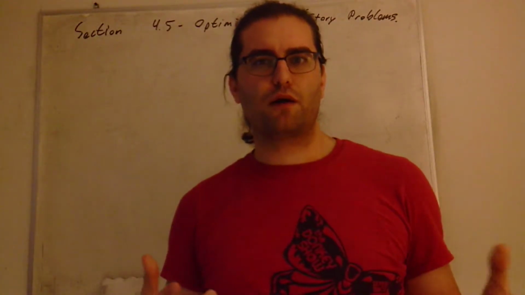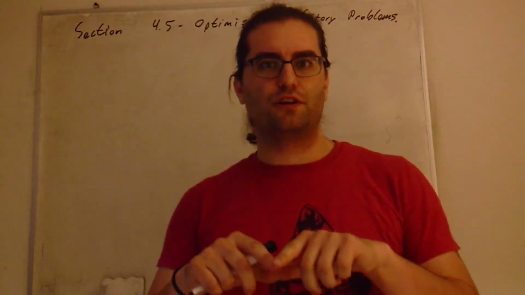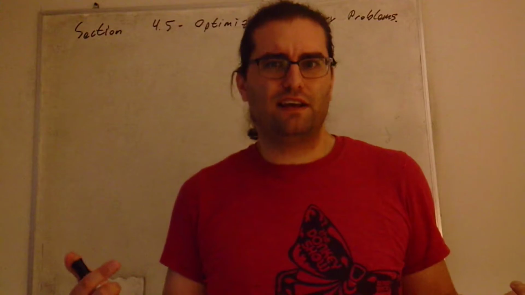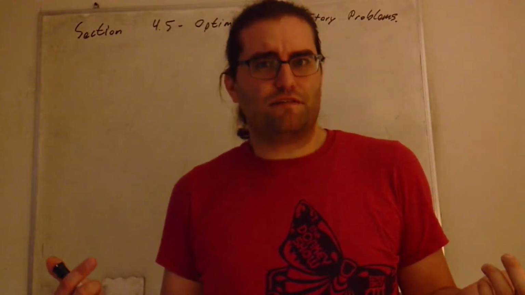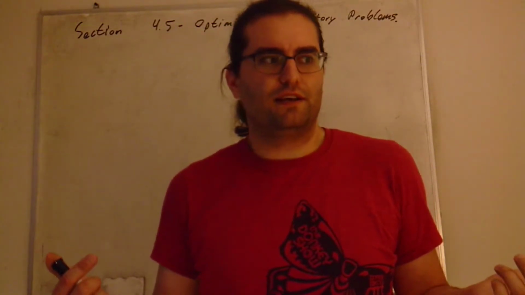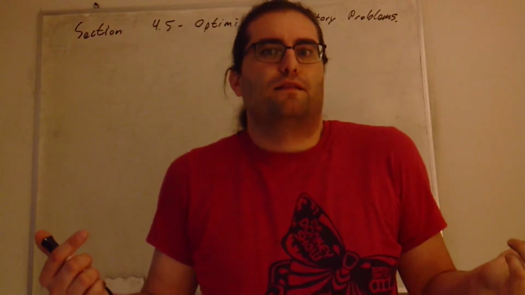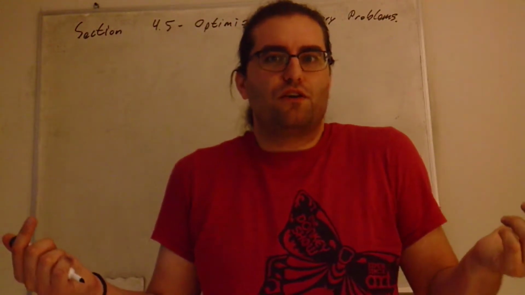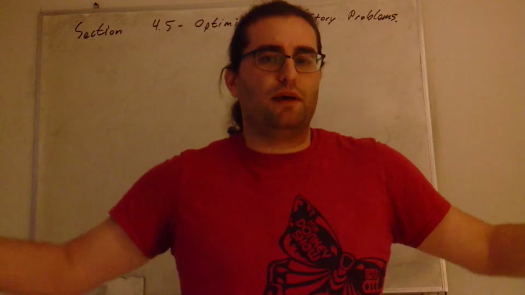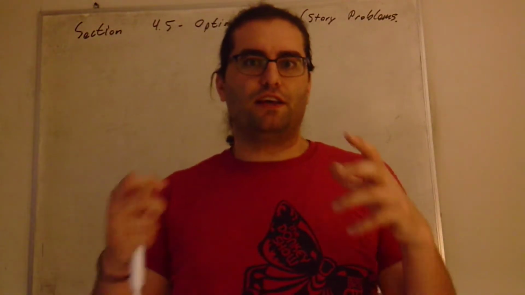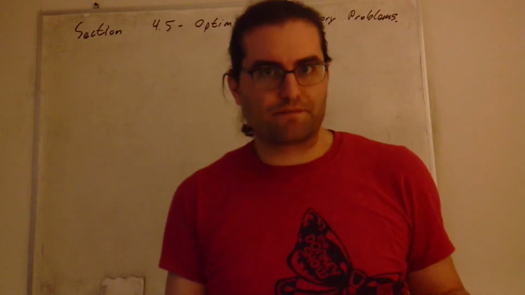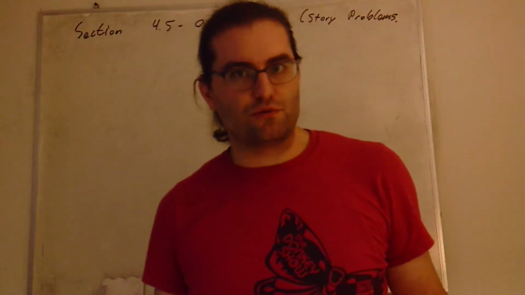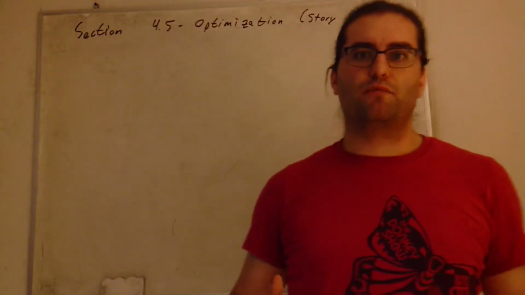If you're looking at a problem like what's the biggest area you can enclose with a fence, that's almost like a philosophical question, right? Like, the world? What does it mean to be enclosed by a fence on a scale that big? So you need to have a constraint. Like, you have a finite amount of fence. Now what's the largest area you can enclose? That's the kind of problem we're going to be doing.